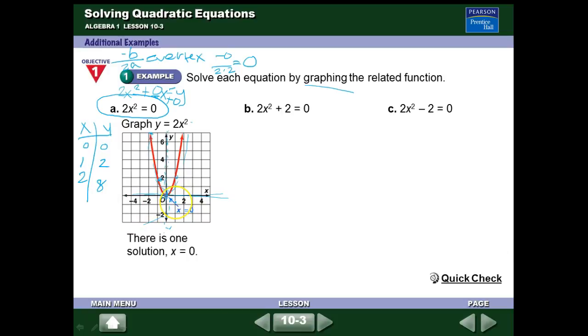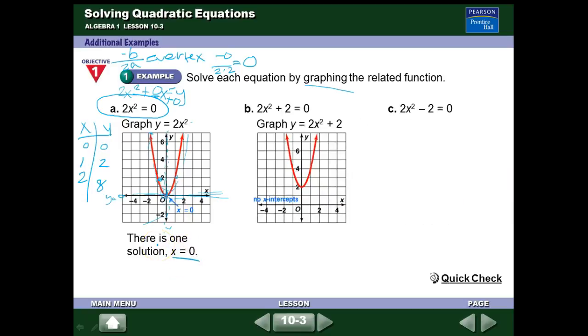So there is going to be 1 solution, and the solution is at x equals 0, because that is where this graph is crossing. Understand this is where y equals 0. That's what I'm looking for, my zeros: how many times it crosses the x-axis, and what those points are. So it crosses once, and it crosses at x equals 0.